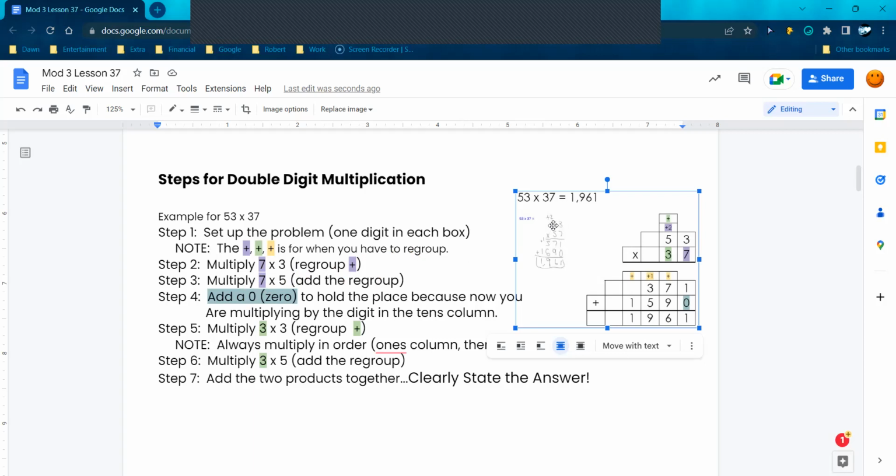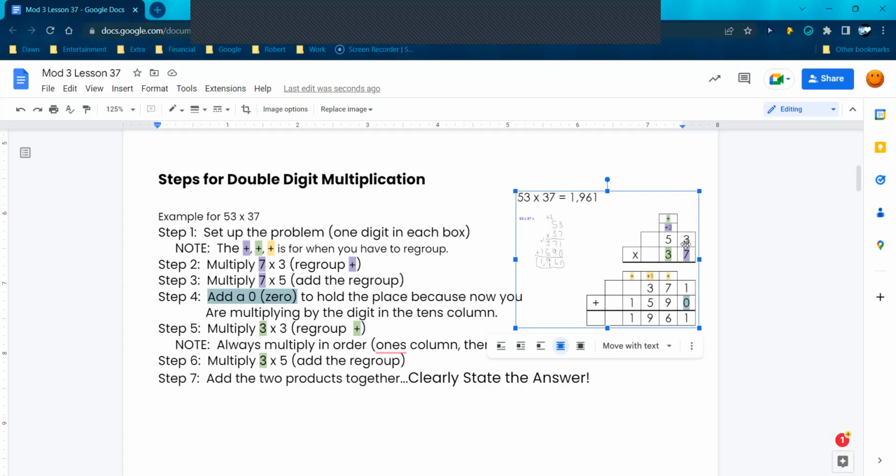So we multiply the ones first and then multiply the tens. And then right here, do you see the 0 right here, you guys? It's really important when we put the 0 here, because what we're really doing is multiplying tens. It's our tens column, so it's 30 and not just 37.